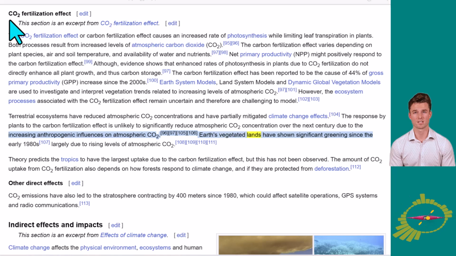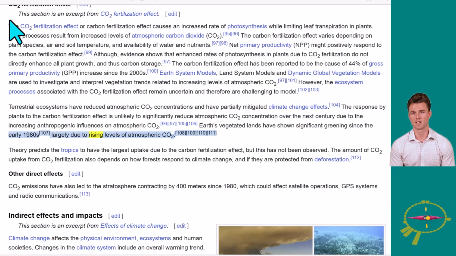Earth's vegetated lands have shown significant greening since the early 1980s, largely due to rising levels of atmospheric CO2. Theory predicts the tropics to have the largest uptake due to the carbon fertilization effect, but this has not been observed. The amount of CO2 uptake from CO2 fertilization also depends on how forests respond to climate change, and if they are protected from deforestation.